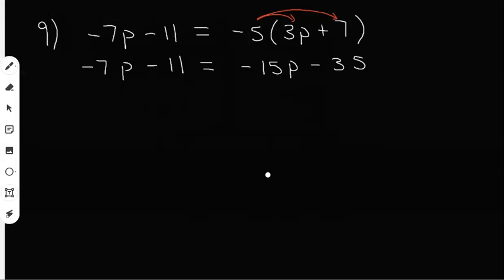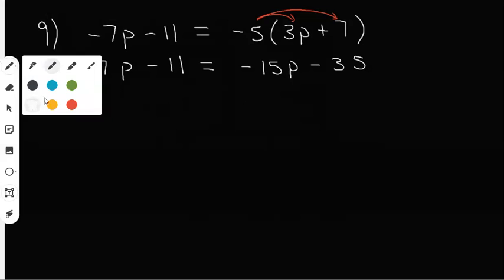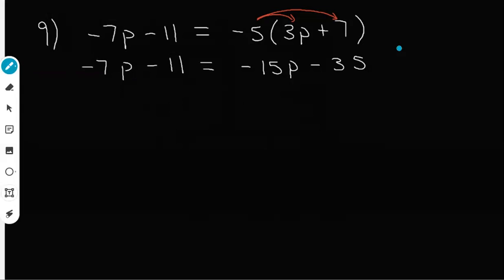All right, so after distributing the negative 5, what I notice is I have variables on both sides, but eventually I want to get to a place where I have all the variables on the left side and I have all the numbers on the other side. So I need to get rid of this negative 15p.